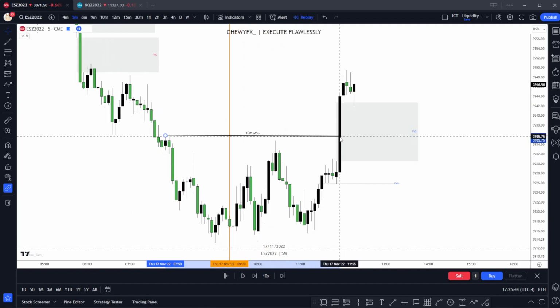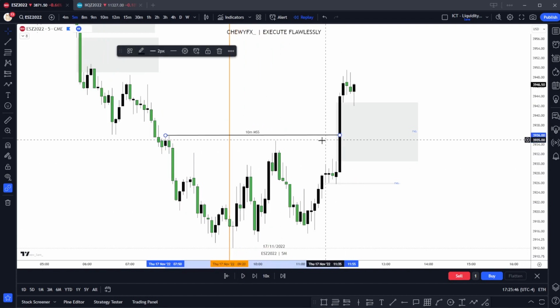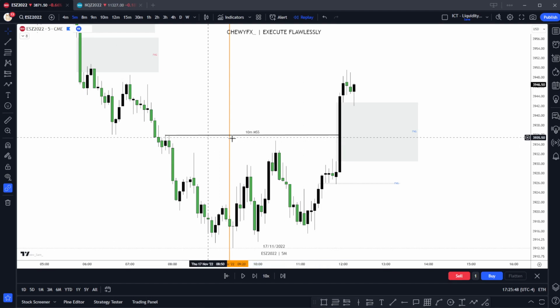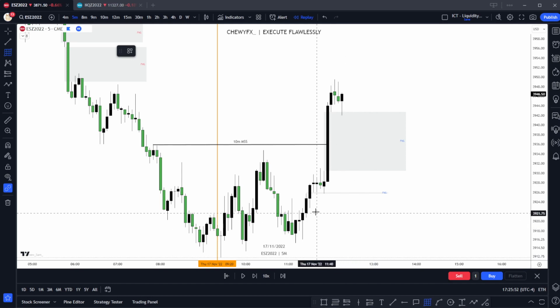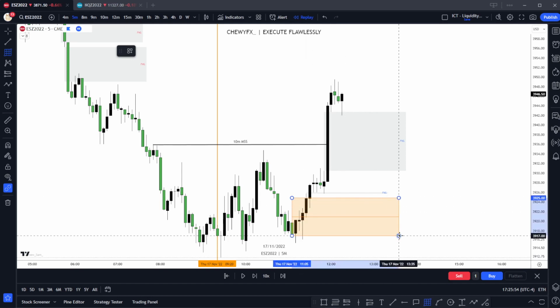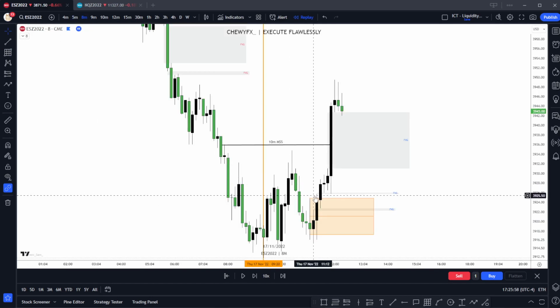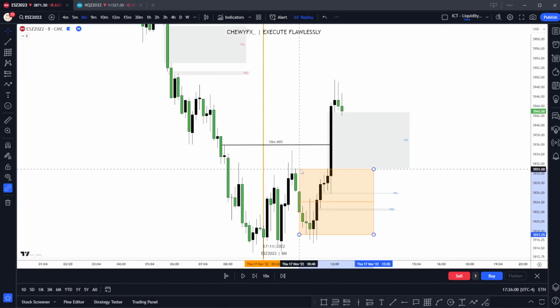Okay. I don't need a fib tool for you to see that it's strong. It's clearly strong. And if we're looking for an order block, this is really the best that it gets, but I want something a little bit better than that. So this is looking pretty nice.